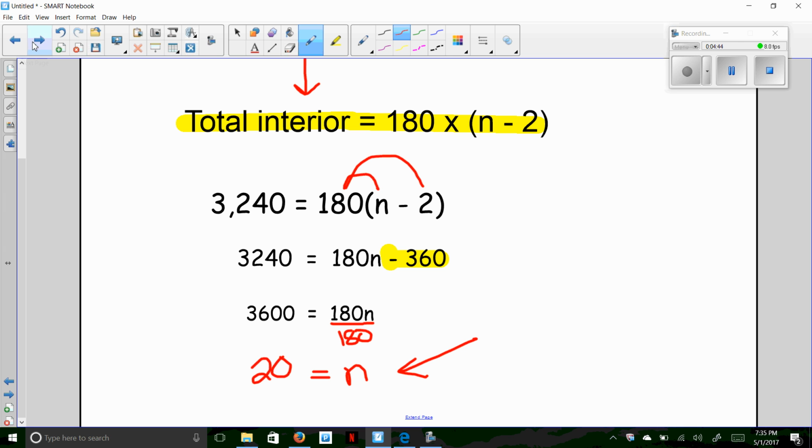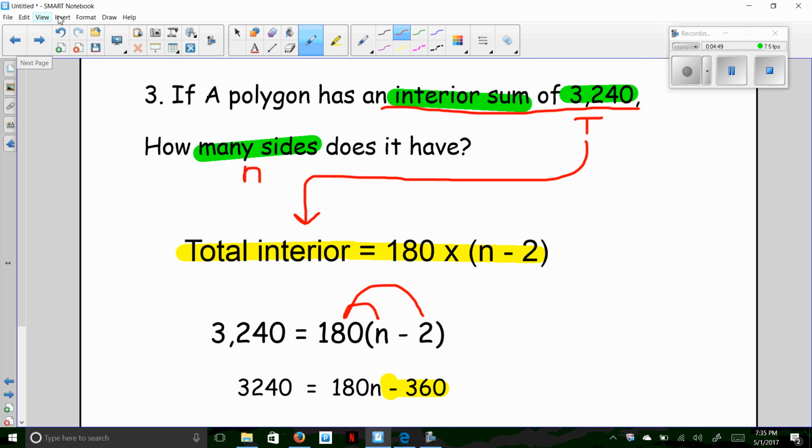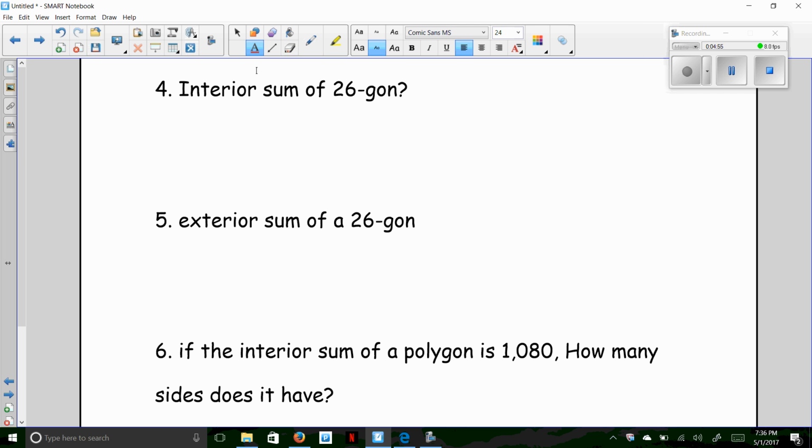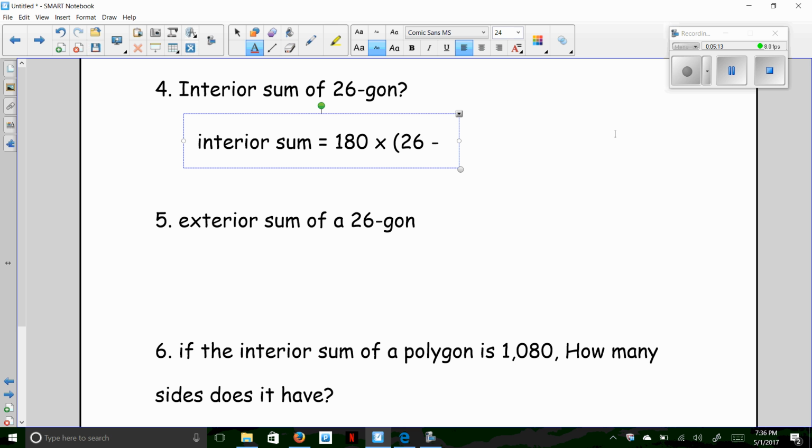All right, so let's look at 3 more questions just like these 3. We just did 3 problems, so let's go back over them again. Interior sum of a 26-agon. We're using the interior sum equation: 180 times, and 26 is the number of sides, so I'm putting it in for n, 26 minus 2.